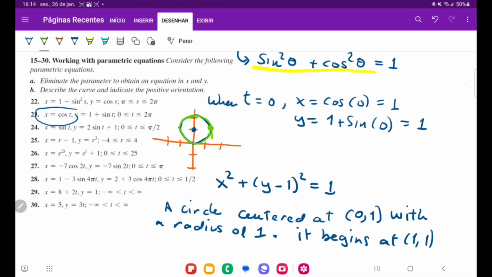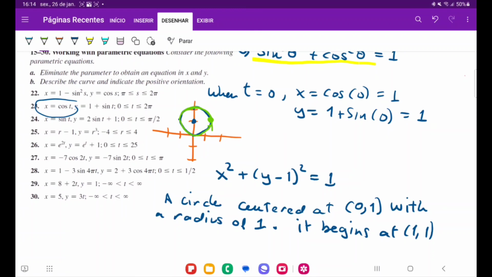So it's just a circle that has been shifted upwards 1, but it goes counterclockwise around for a full revolution. So it begins at 1, 1, and it goes counterclockwise for a full revolution.